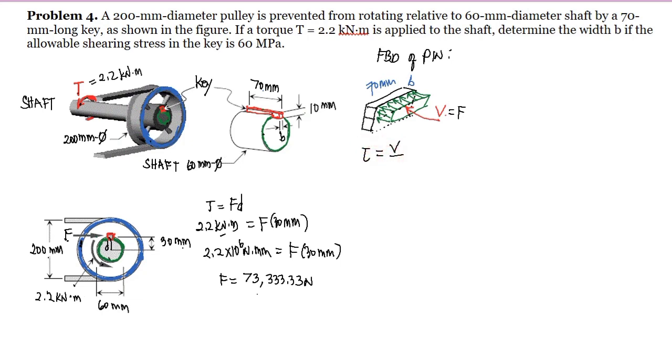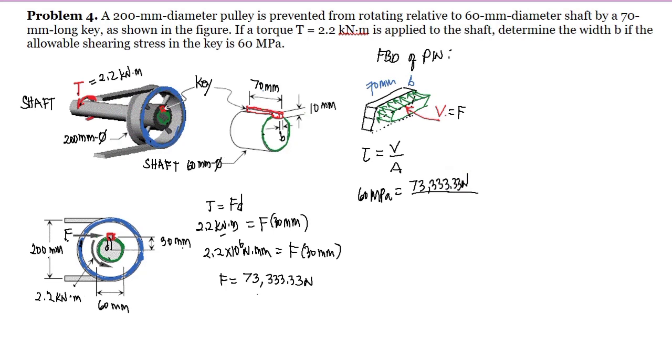From the definition of the shear stress, the shear stress is equal to the force V over the area. So we have here the stress, which is limited to 60 megapascal, equal to the force V, which is equal to F, that is 73,333.33 Newton, over the area.